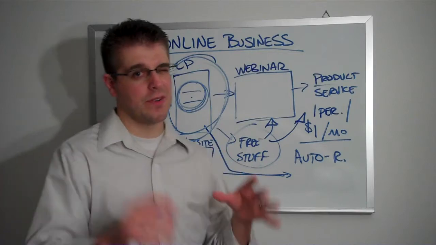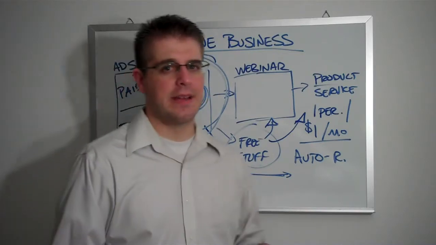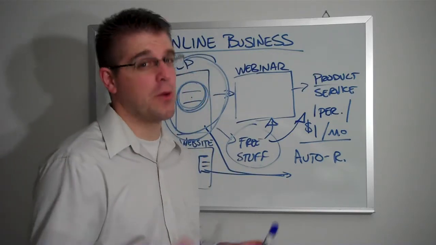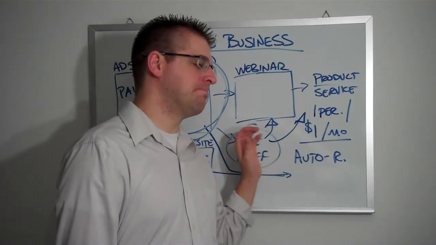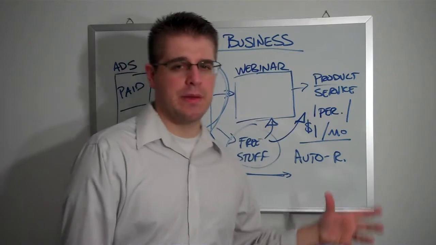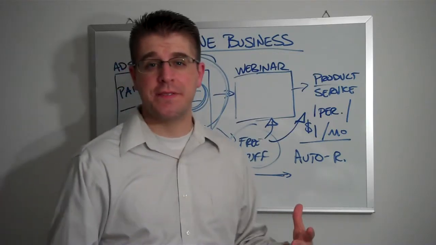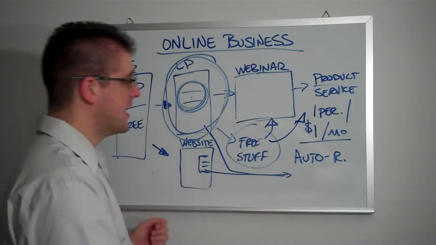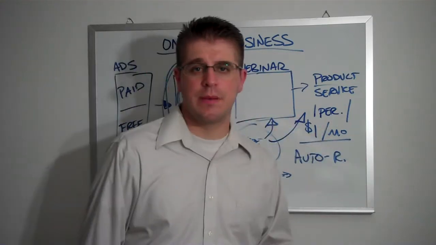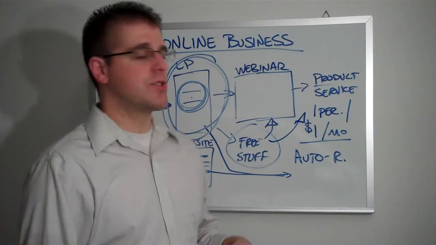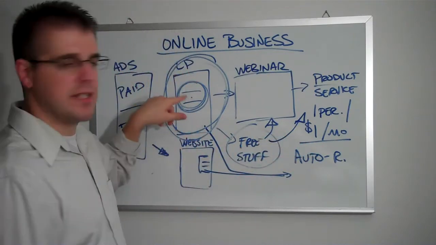Now, with a list that small, good luck. It may be hard. And many products are more than $5, so you may sell one a year, whatever it is. But if you have, for example, 1,000 people on your list, you should be at $1,000 a month with that list. If you are at 5,000, that's $5,000 a month. If you have 20,000 people on your list, that's $20,000 a month. So you can see how important it is to build that list.